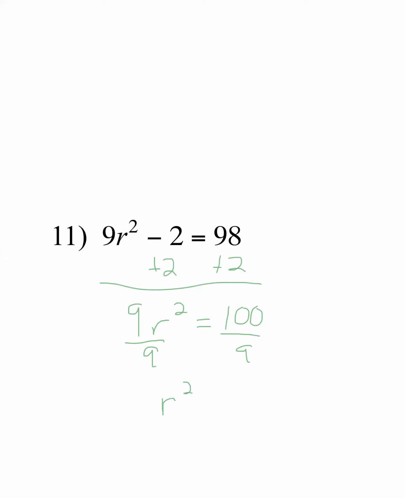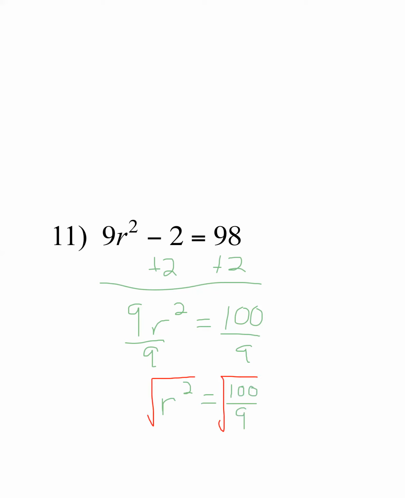Uh-oh, now you're in a pickle. 100 does not divide by 9 evenly. That's fine. Just leave it. Literally leave it as 100 over 9. That's fine. Don't worry. Fractions are friends, not foes. Remember my saying? Anyway, so I have r squared by itself, so now I'm ready to come in and take the square root of both sides.